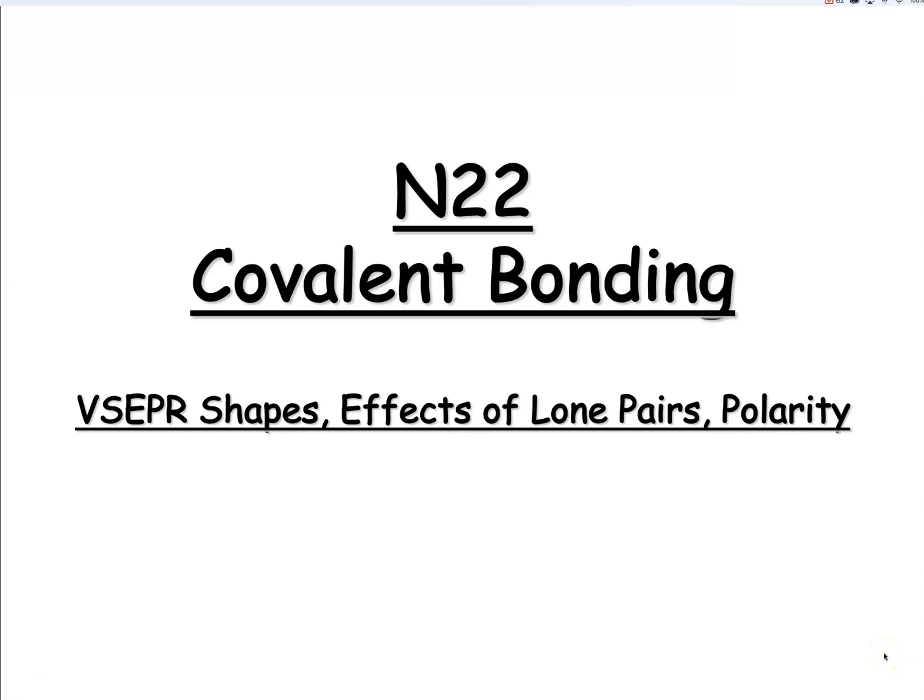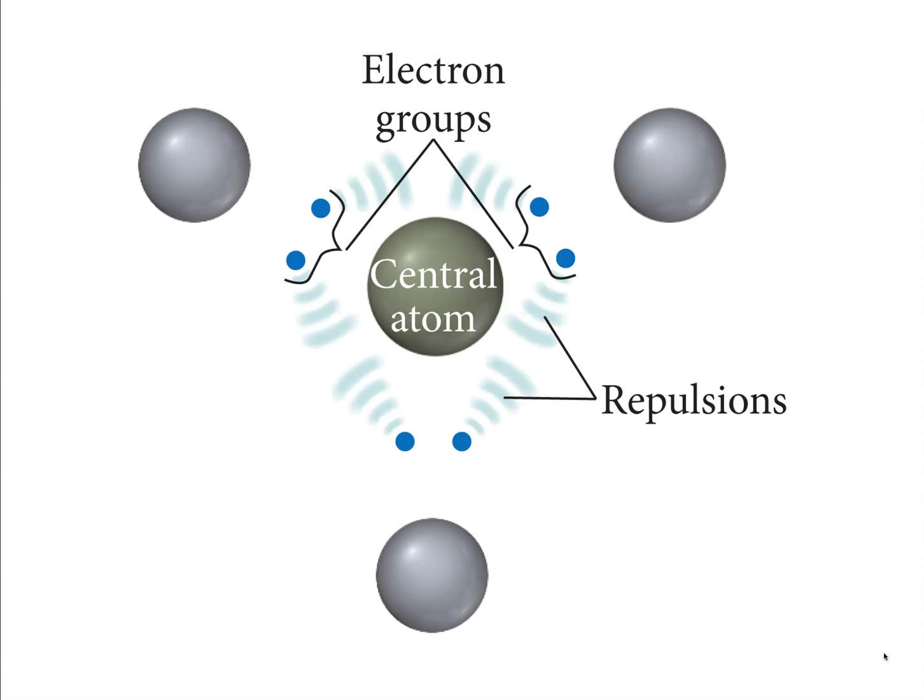Hello, and welcome to the next set of notes and discussion on covalent bonding. We've already talked about VSEPR, but now we've got to get into the effects of lone pairs as well as polarity. The whole point of VSEPR, valence shell electron pair repulsion, is to make the bonded pairs of electrons, as well as lone pairs, as far apart from each other as possible.